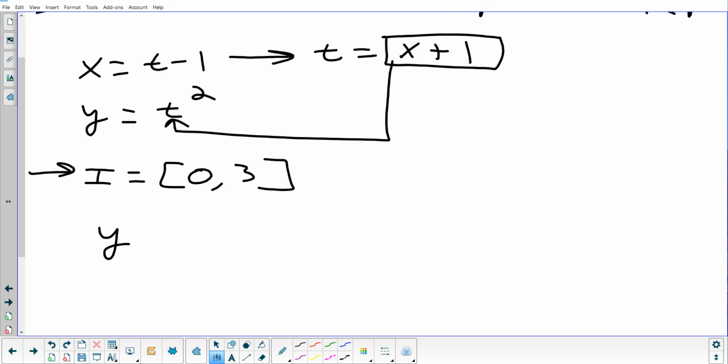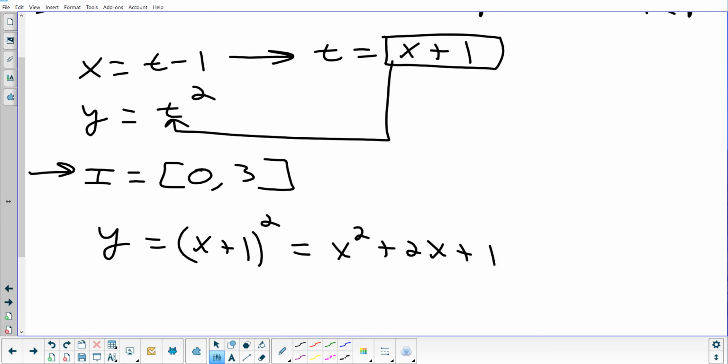This is not a line segment. Okay, so it's x plus 1 squared, or if you FOIL this out, can someone tell me what you get? X squared plus 2x plus 1. Yep.